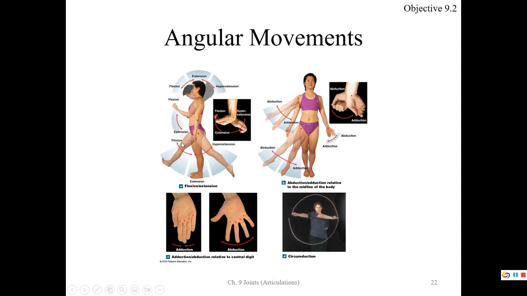Now we can flex the leg by putting the leg forward, extend it by putting it back to the ground, and hyperextend it by sticking it behind us. Okay, we can adduct by moving towards the midline, and we can abduct by moving away from the midline. Adduction, abduction. We can also abduct our wrists. Now, we're going to talk about some other motions like circumduction in a minute.